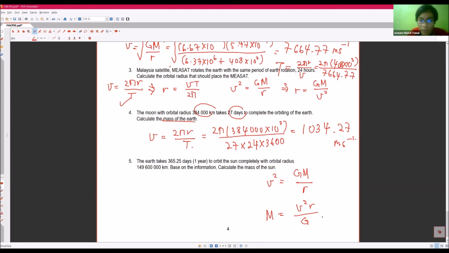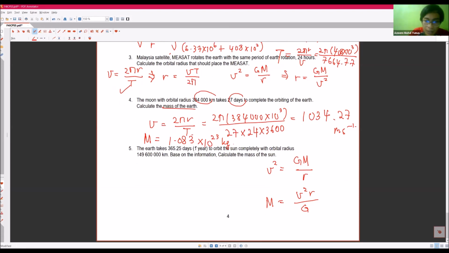Make sure that you use the radius of the Earth as well. And then we get the mass 1.83 times 10 to the power of 23 kilograms. This makes sense.